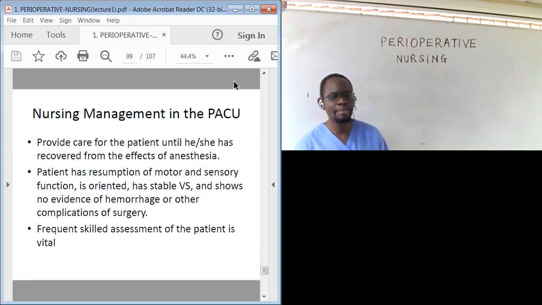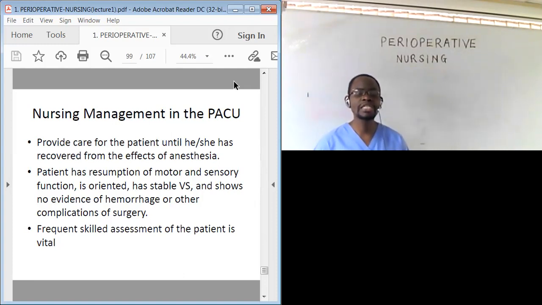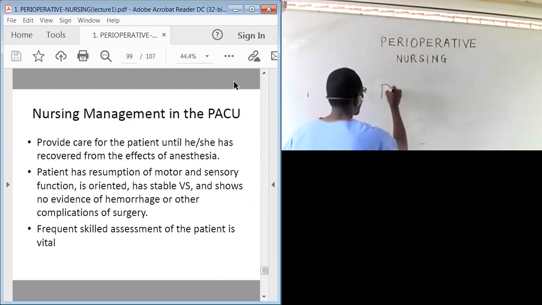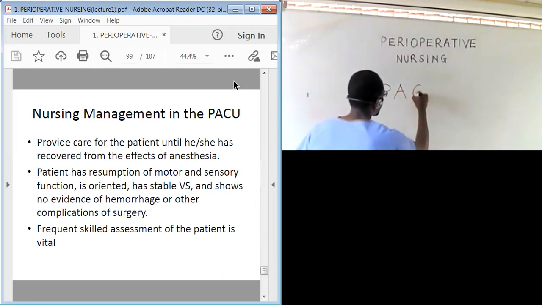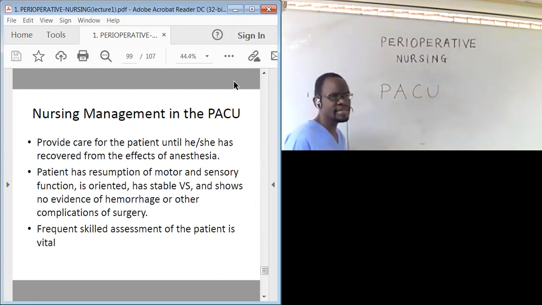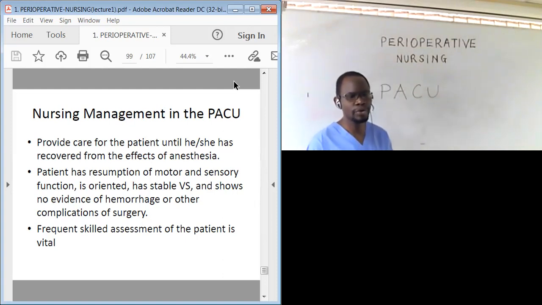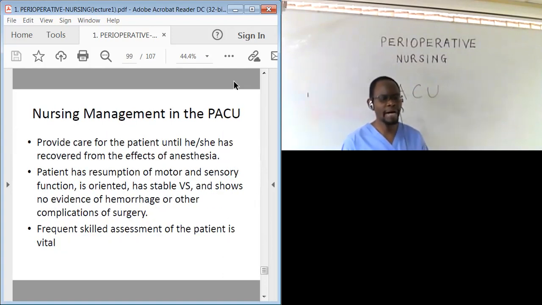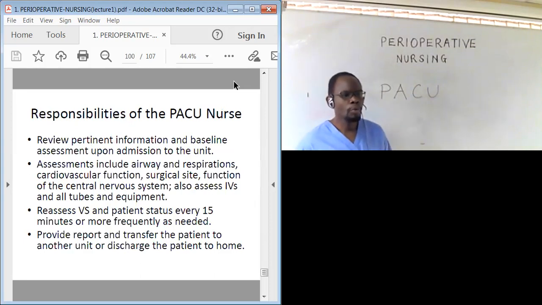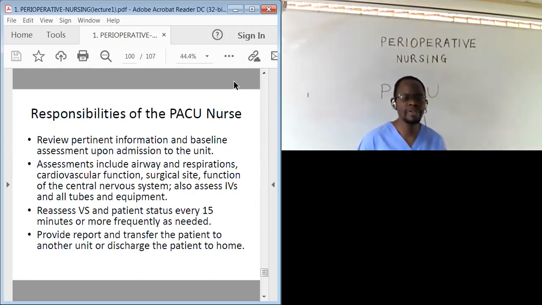All these happen when a patient is transferred to the post anesthesia care unit, or what we refer to as the PACU. Frequent assessment of the patient is very vital in practice. Now, what are the responsibilities of the nurse in PACU?